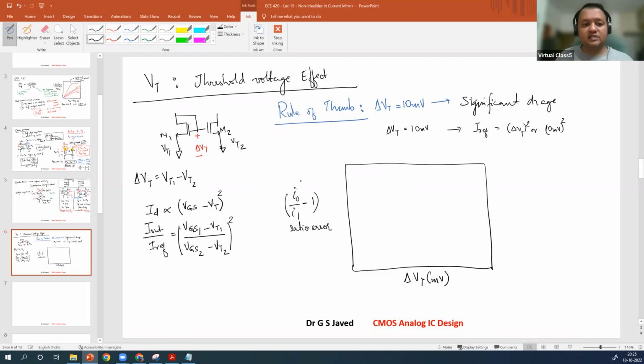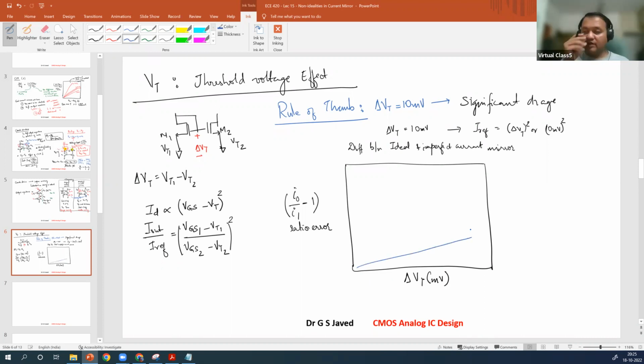So what does this look like? There is a difference between the ideal and the imperfect current mirror. How does this look? This can be seen by looking at how the input current differs.